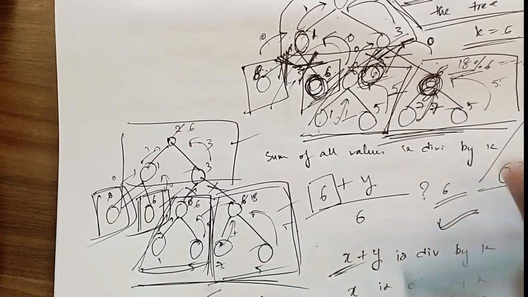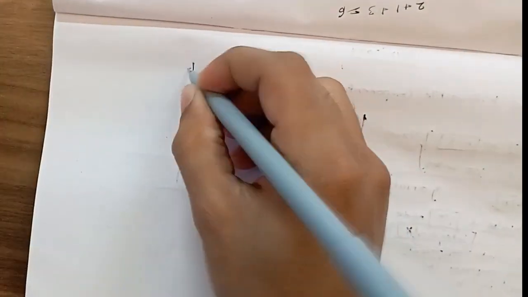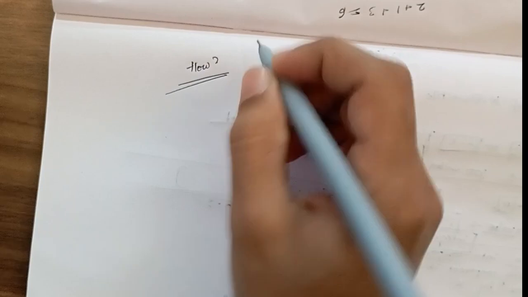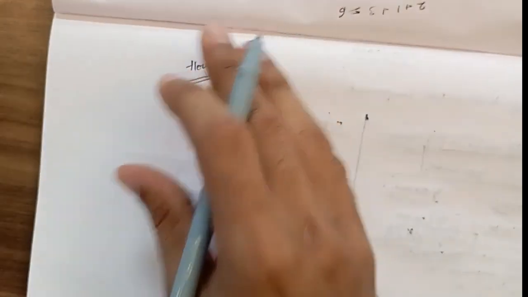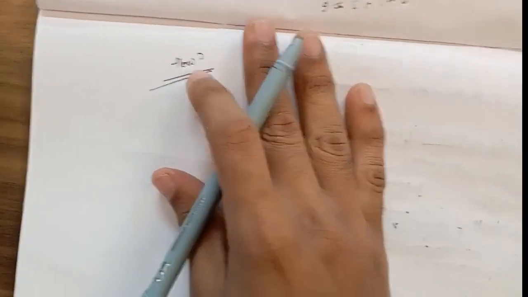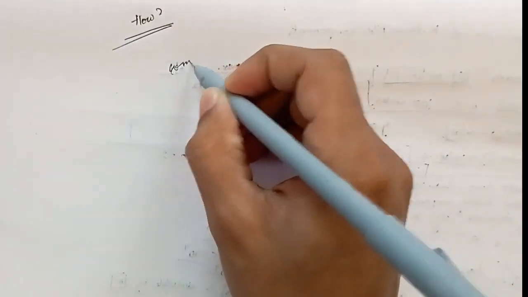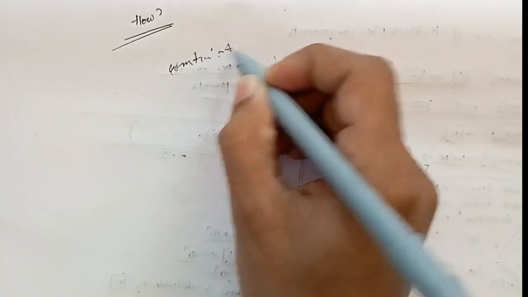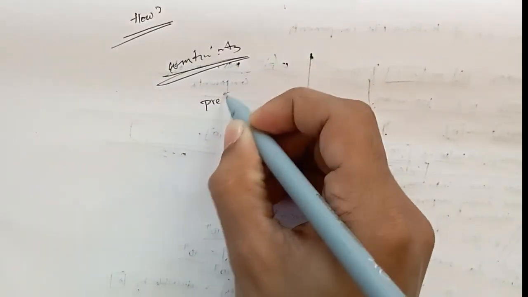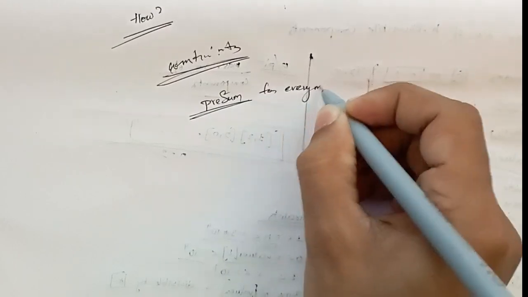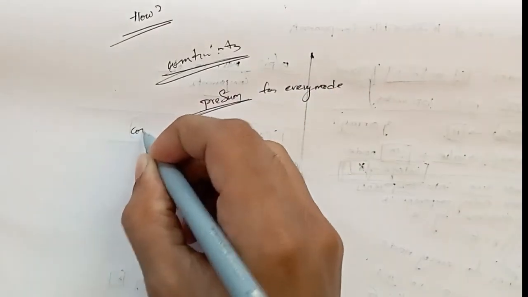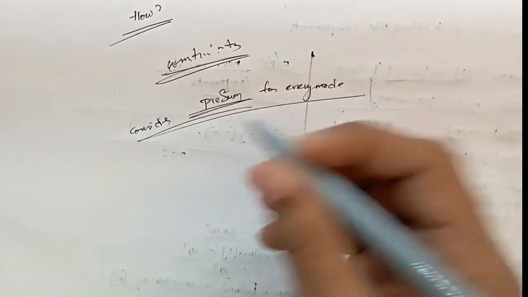So the problem here is how we'll be doing this. As I said, constraints are important, don't neglect them. Here we'll be considering the prefix sum for every node.